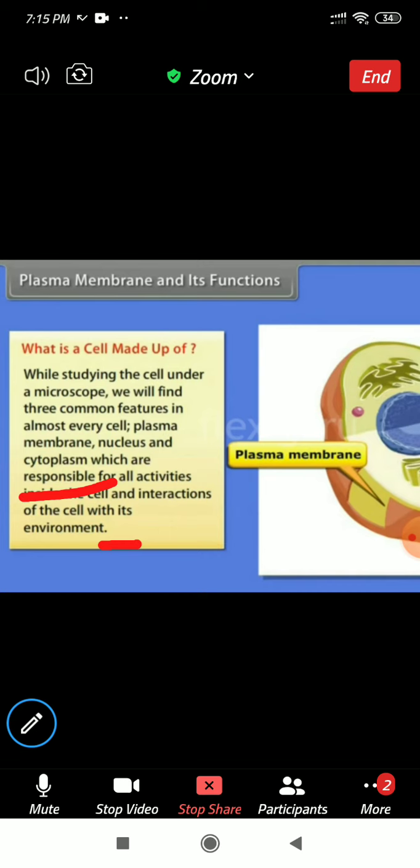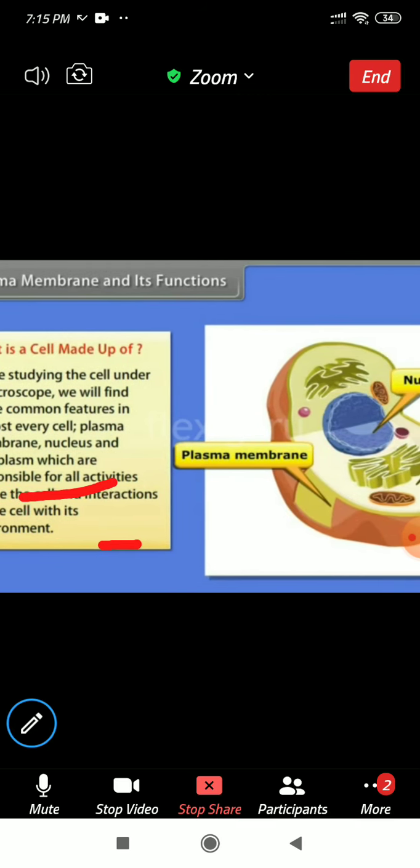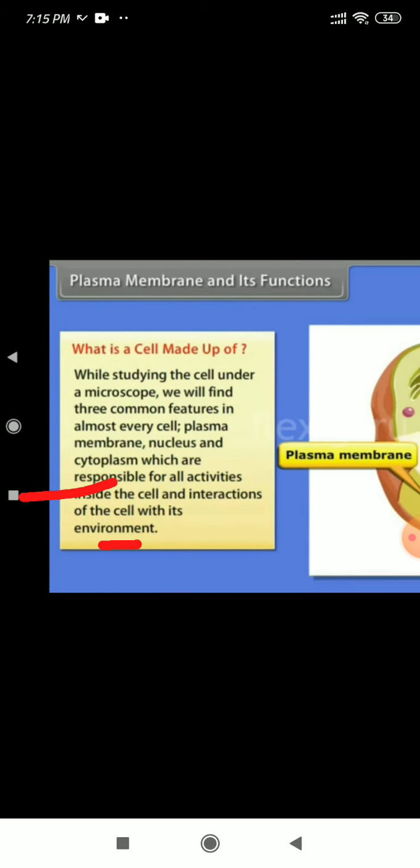That's why we call the plasma membrane a selectively permeable membrane. Permeable means giving permission. Whatever components want to enter the cell depend upon the plasma membrane's permission only.